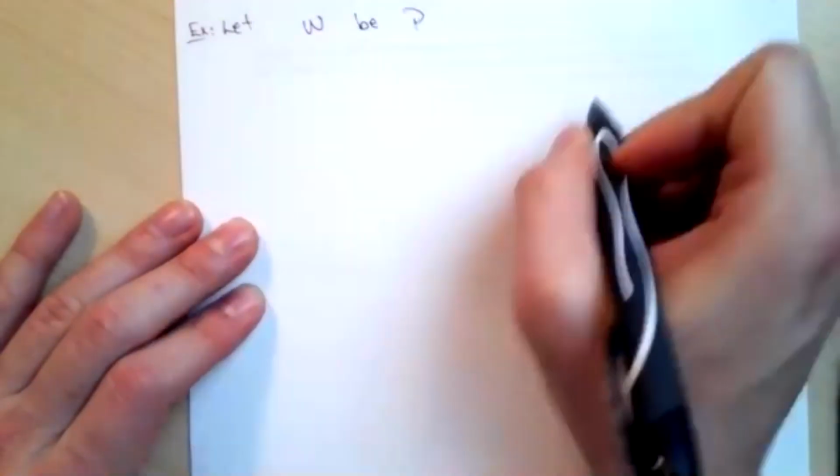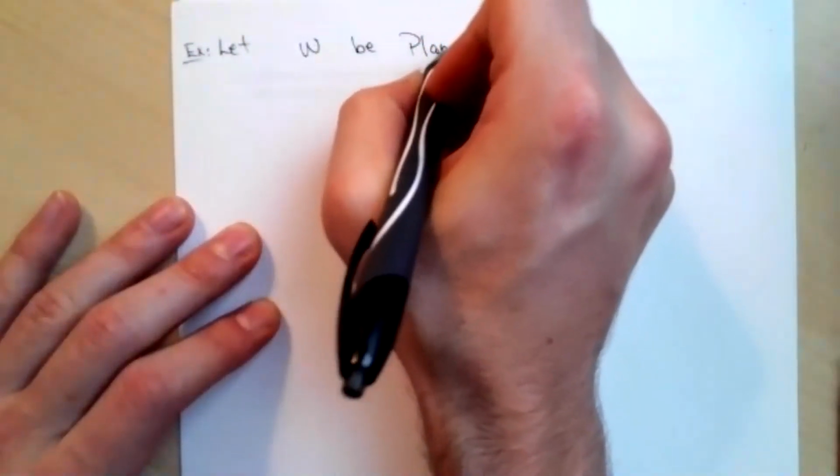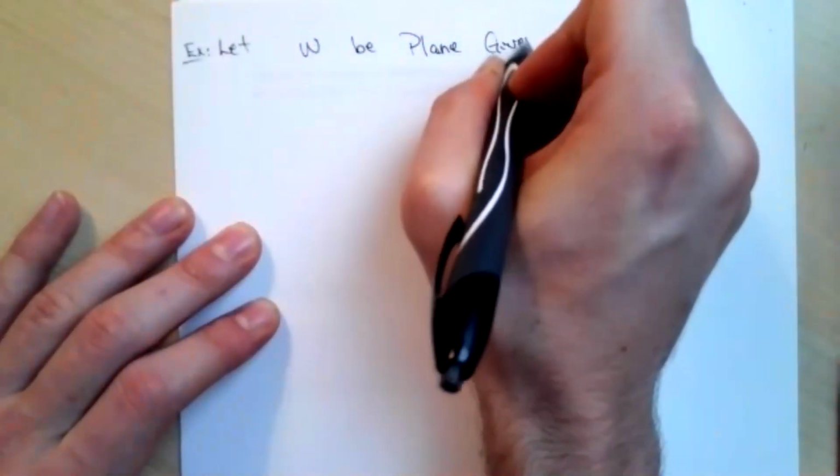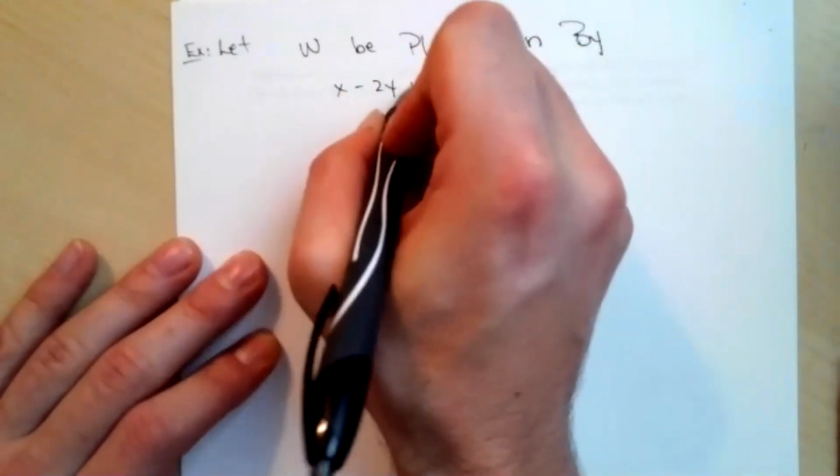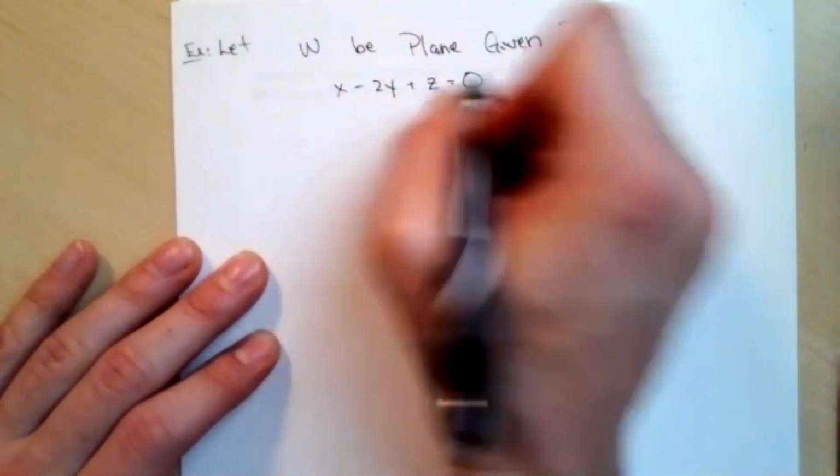So let W be the plane given by x minus 2y plus z equals 0.